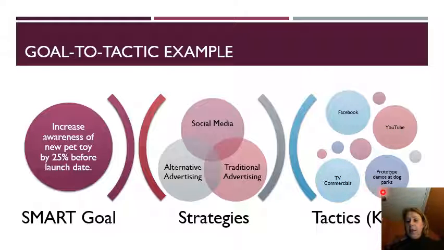Then for alternative advertising, every now and then I might take prototype demos out to the dog parks and let customers see it. This could build some buzz marketing, which is challenging to do, but could be done. If I got their permission, I might videotape that and put it on YouTube, or do Facebook Live.